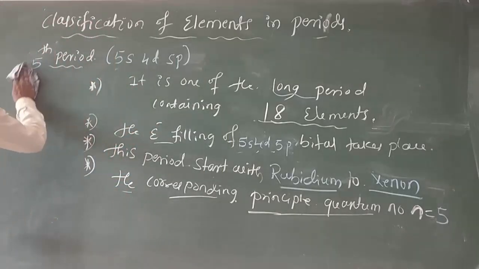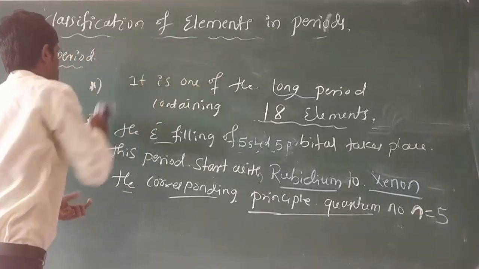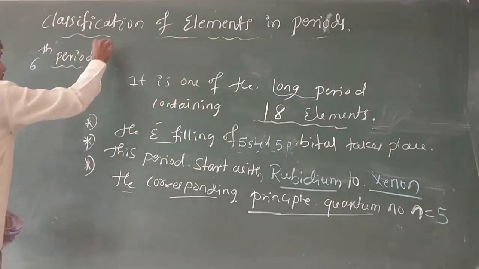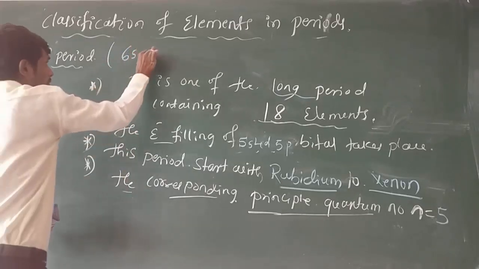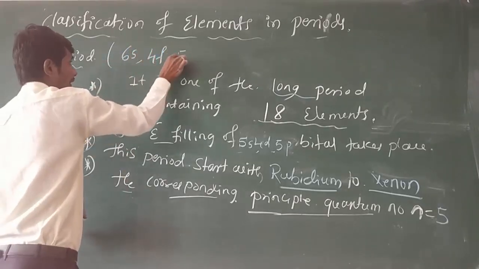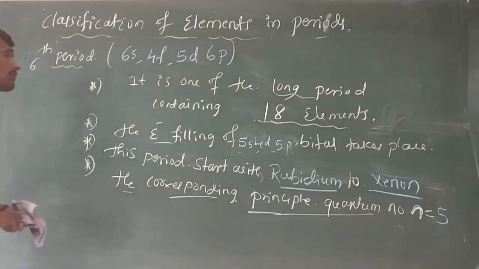Next, another, sixth period, very important. Sixth period, which type of orbitals are involved here? Just observe. There are 6s, 4f, 5d, 6p. Yes, there are 4 types of orbitals.